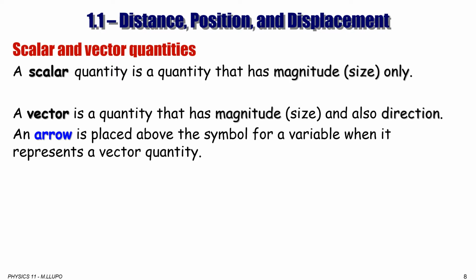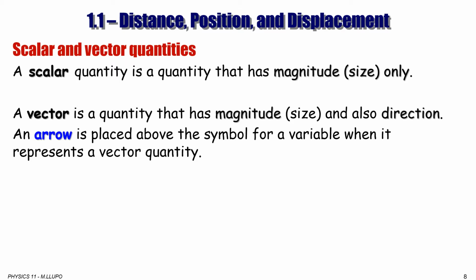It is very important in physics understanding to be able to distinguish between scalar and vector quantities. A scalar quantity is a quantity that has a magnitude or a size only. For example, time or mass or height. So you never question those quantities about any direction whatsoever.